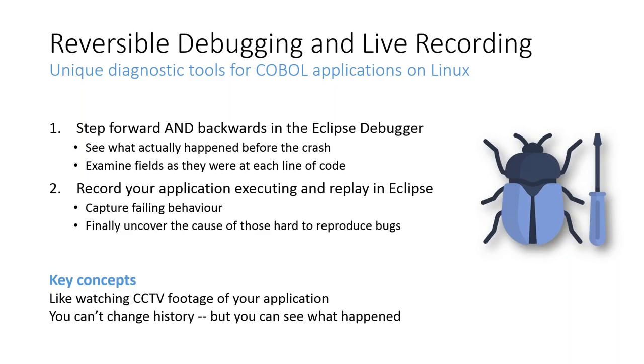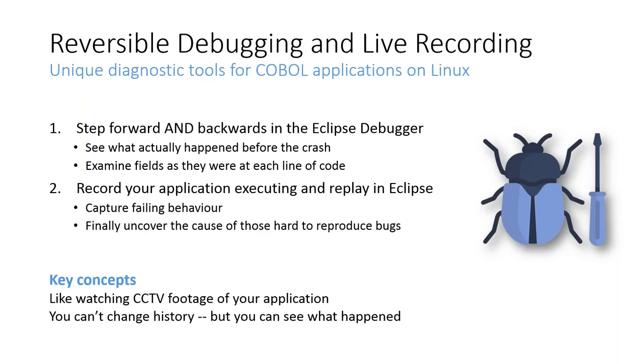Because what you can also do here is record a live running application outside of Eclipse, record the failure, whether that's a crash or whether it's some kind of logic error, just the wrong result, not expected, and take that recording, give that to a developer who can then replay that inside of Eclipse, getting to see the cause of the problem first time. And that is incredibly powerful. When we have that kind of capability, it starts to open up all sorts of possibilities for getting to the bottom of some very hard to reproduce issues.